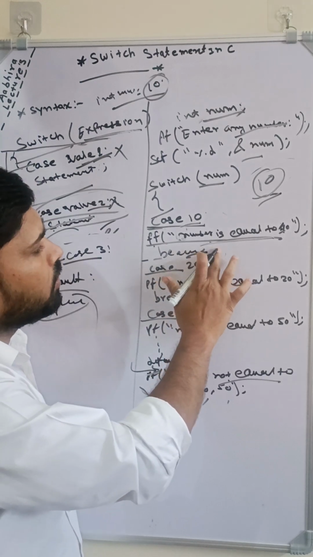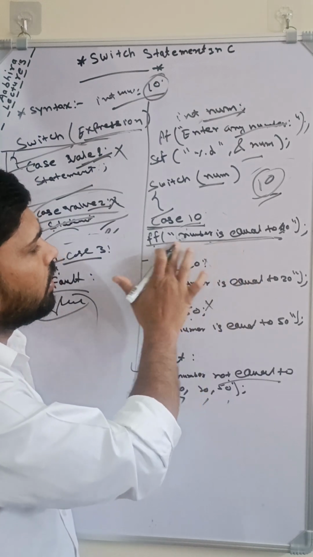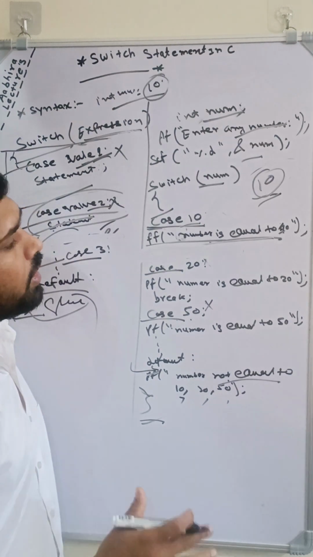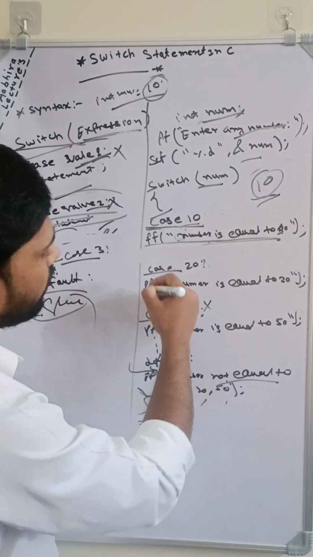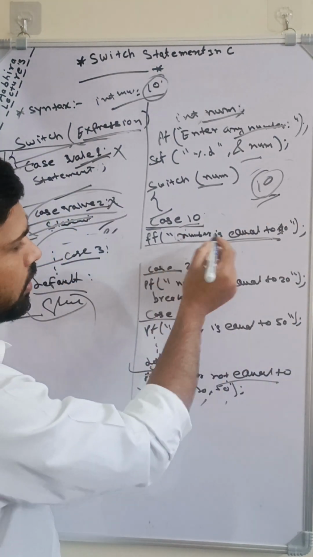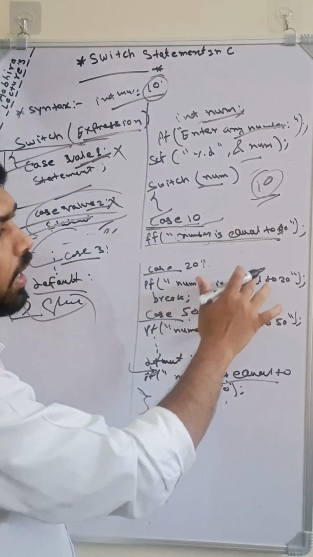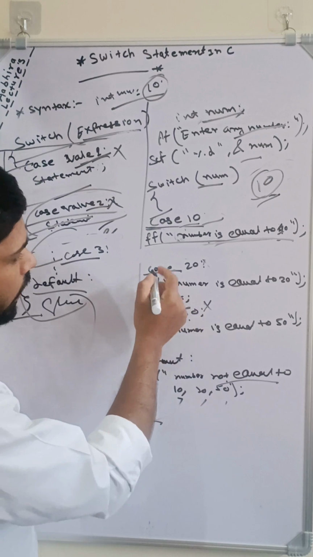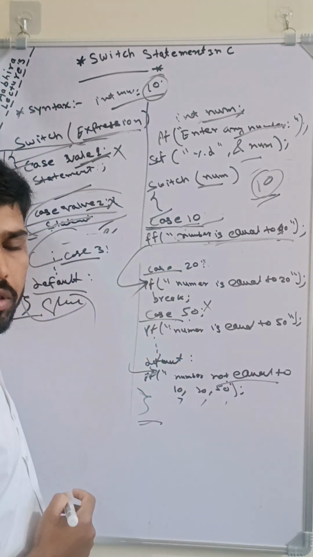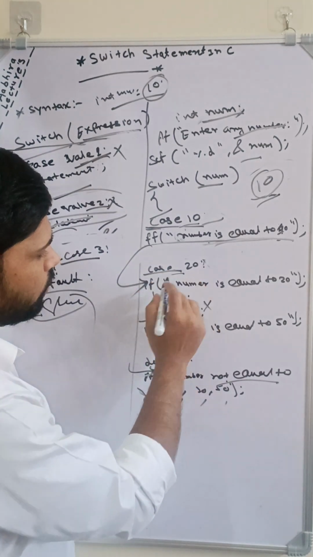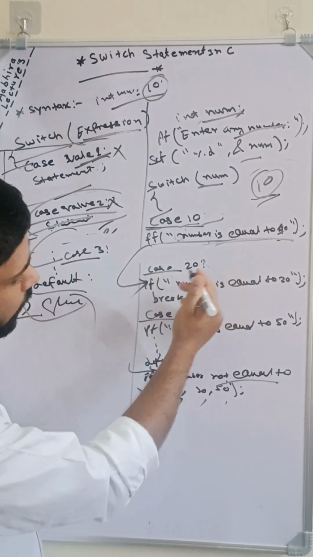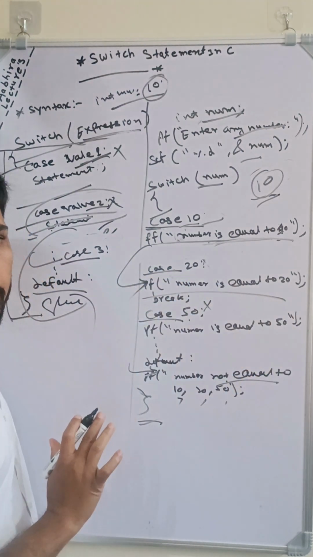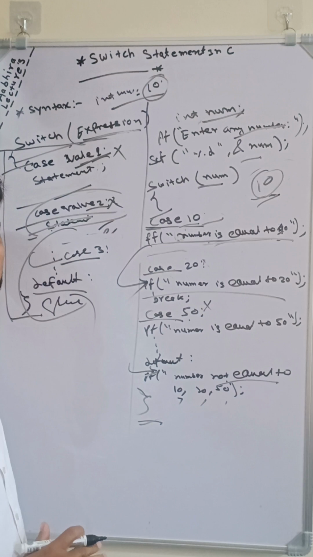Suppose break is not there. Understand, if break is not there, then it will execute the other cases also. First it will check the first case and print its output. Then again it will go to case 2, which is 20, and it will print this one also, because we are not using any break statement.